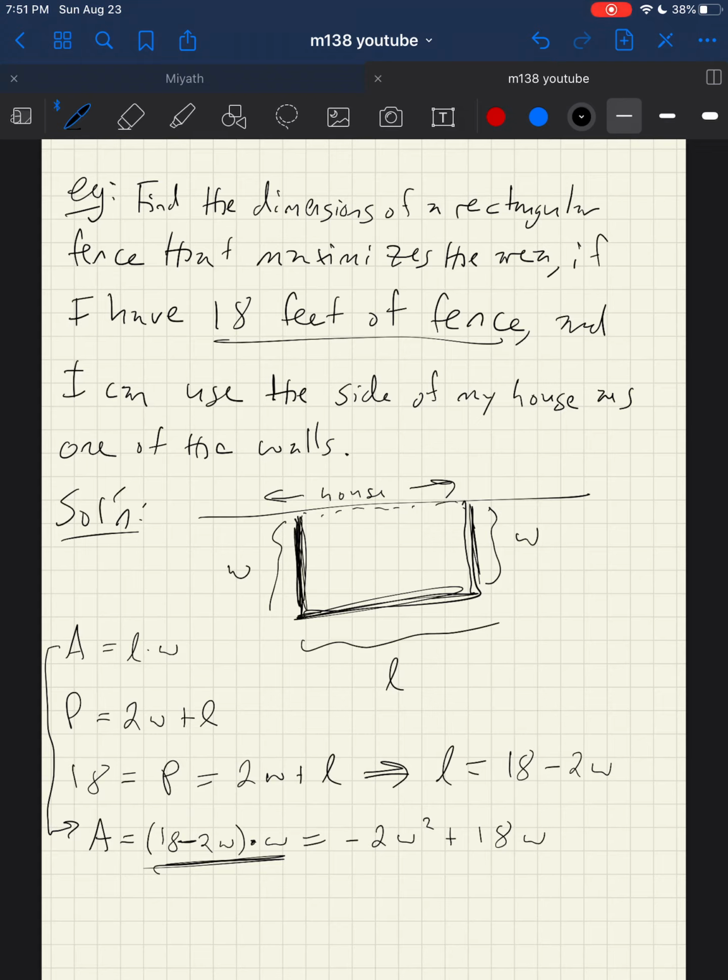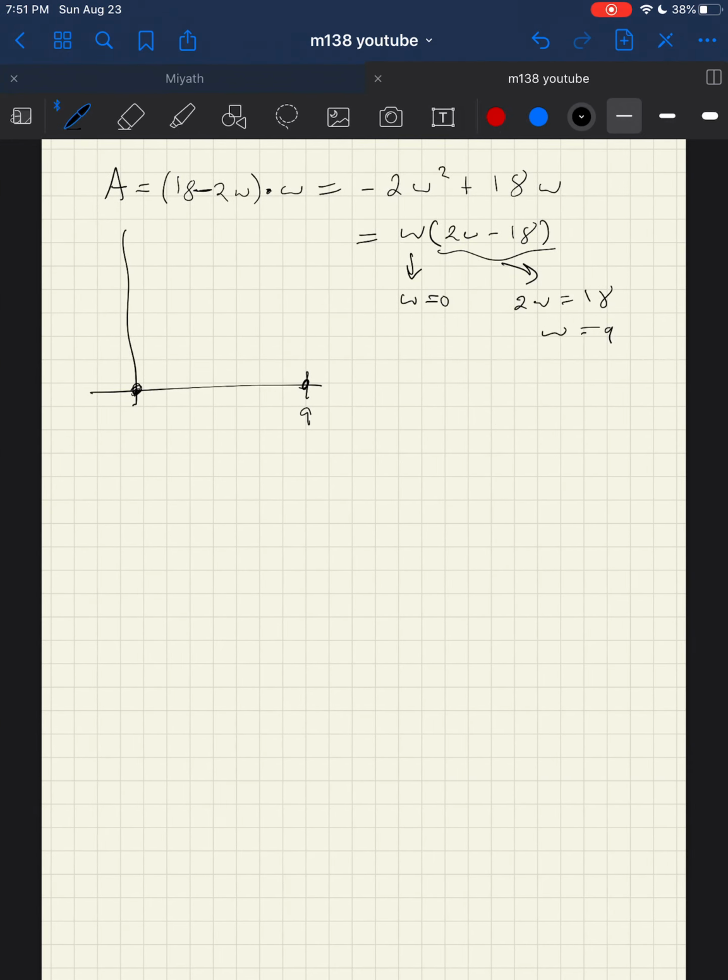And if the width here becomes 9, then I've used all my fencing on the width sides. So between 0 and 9, I should have some shape. It's going to turn out that I've got a parabola. Well, the maximum area is going to be this value right here. So you may have seen this formula for the vertex of a parabola.